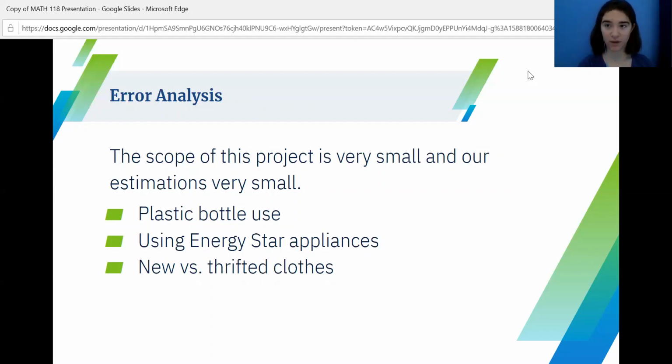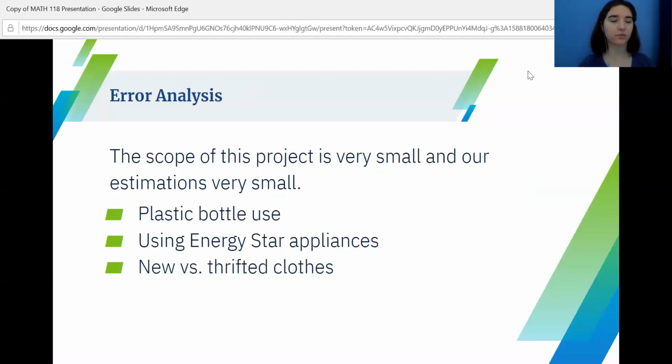So that could have been an interesting category to explore. Additionally, looking at Energy Star appliances versus regular appliances, which is what we use for our own calculations, how much energy that would save. And then also a category that I don't think a lot of people think about was new and thrifted clothing. So new clothing actually has a pretty big individual carbon footprint. So thrifting clothes can help minimize that as well.